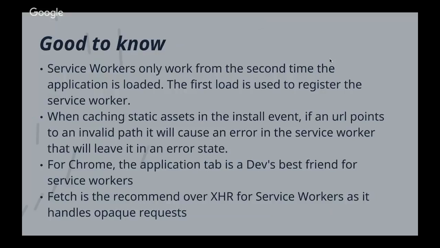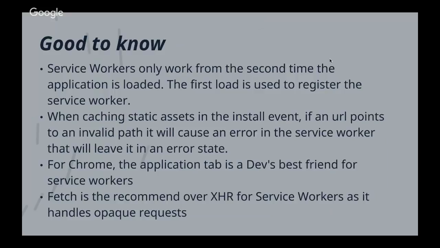First thing is service workers only work from the second time, because the first time you load your application is not controlled by the service worker. When I was starting on it, I was like, why is my service worker code not working? Then I realized that if you load your app for the first time, no service worker has been registered ever. None of the service worker code will work.